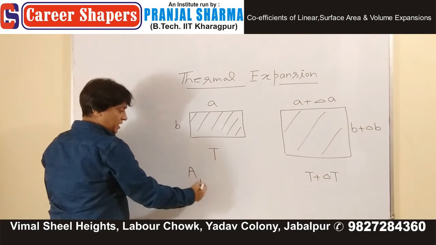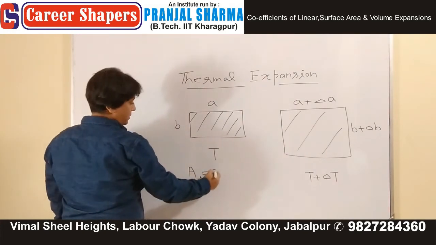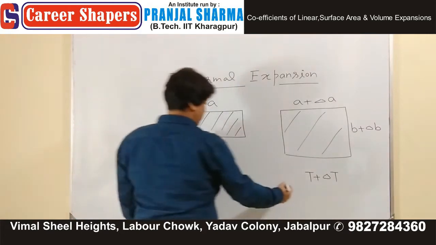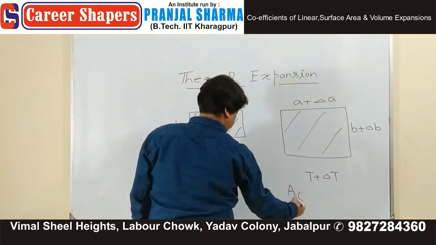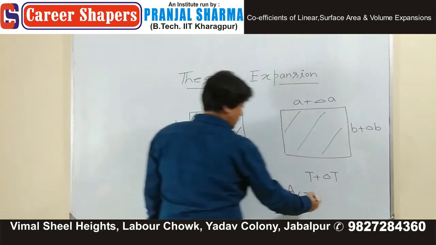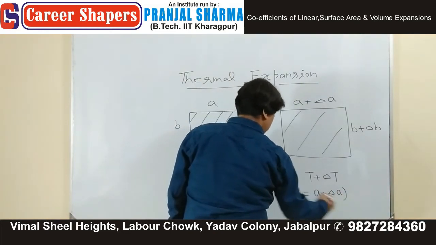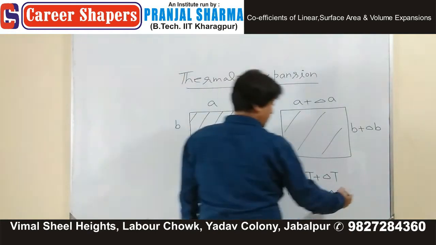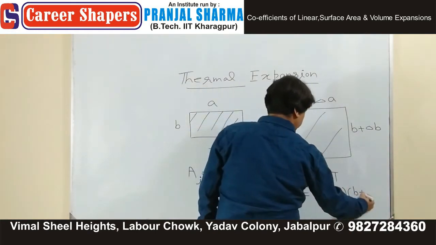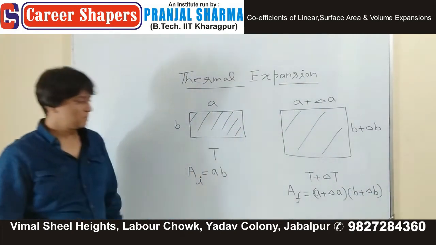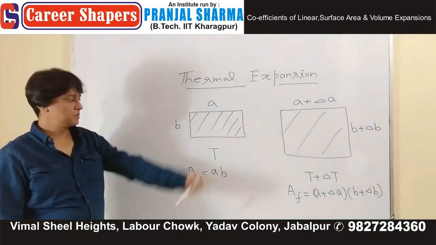What is the initial area? A into B. What is the final area? A plus delta A multiplied by B plus delta B. It's a rectangle, simply multiply both sides and you get the area.